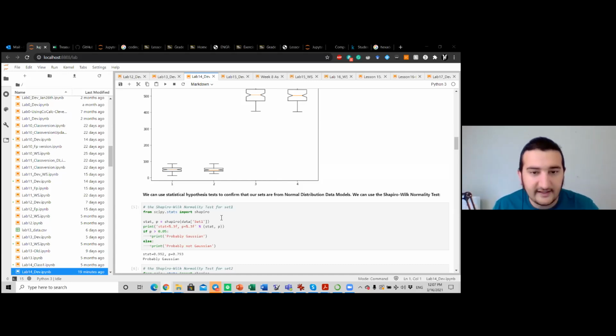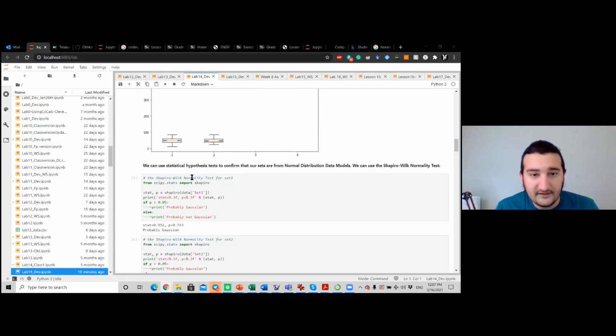So a normality test like the Shapiro-Wilk test is going to be applied on a single set. Now, let's say that my set 1, which was one of the original sets that we had, I want to test and see whether it is normally distributed or not. So from scipy.stats, I'm importing the shapiro function. This is what we need for doing a Shapiro-Wilk test. And I'm going to apply that on my set 1.